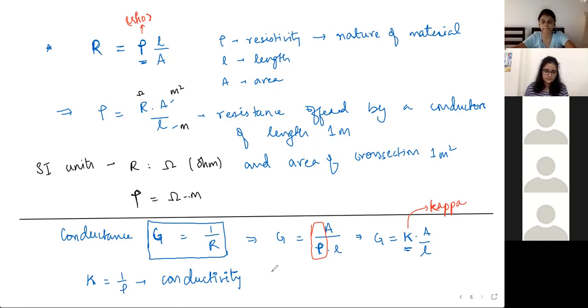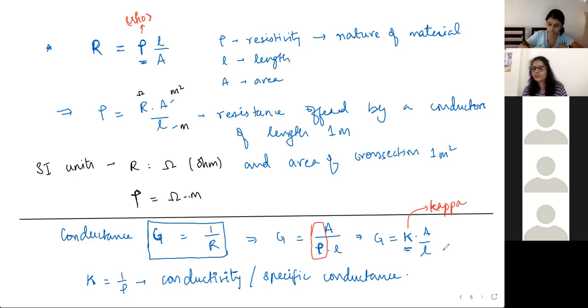Conductivity is also called specific conductance. Just conductance is G. Specific conductance is basically conductance in specific conditions where A is equal to 1 and L is equal to 1.